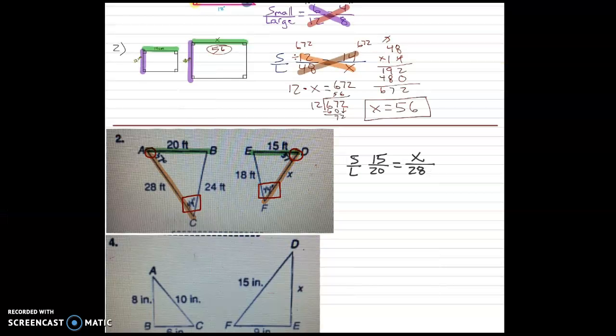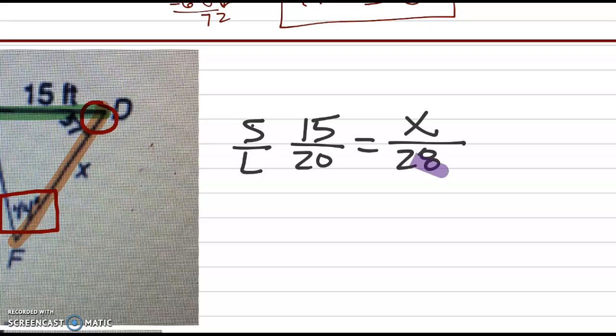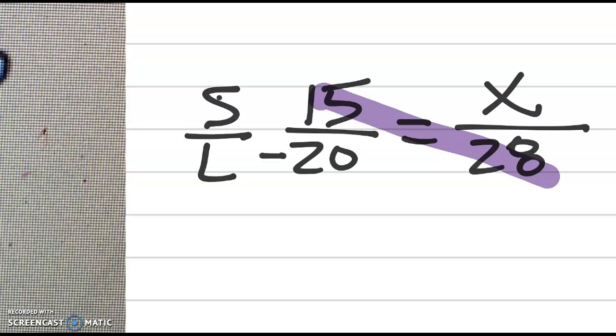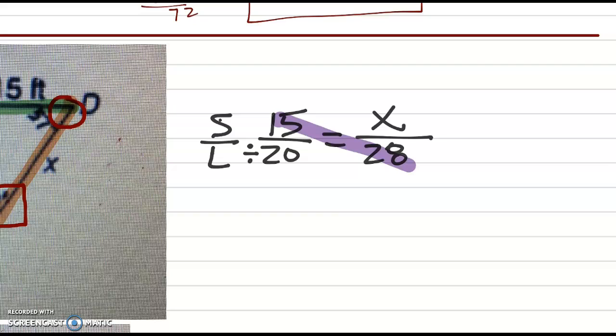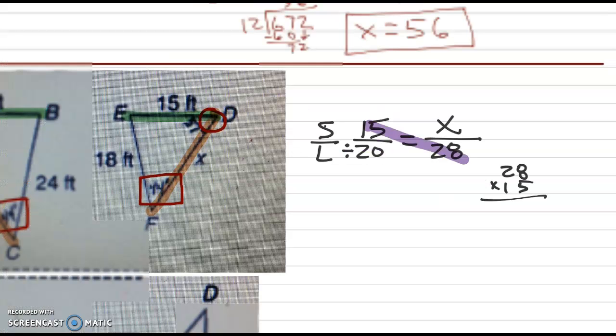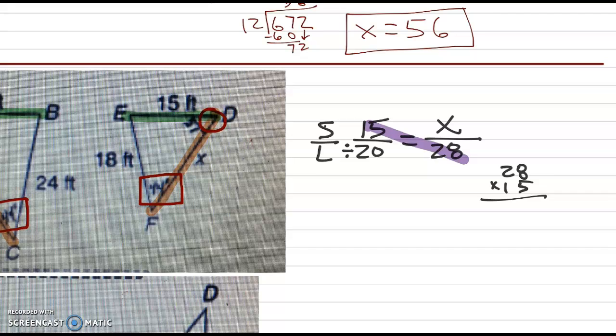In all honesty, most of the work is setting it up, not really doing the math part of it, right? The multiplying and dividing stuff. So we all know how to do proportions now. You just cross multiply what you can, cross product what you can, and then divide by the number that's left out. Okay? So we've got 28 times 15, and then whatever my product is here, I am going to divide by 20.